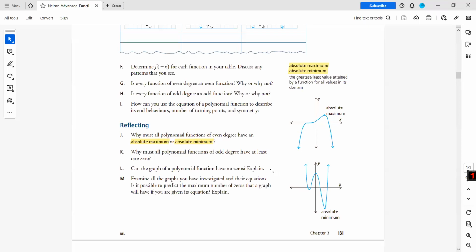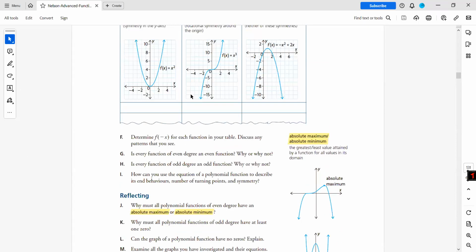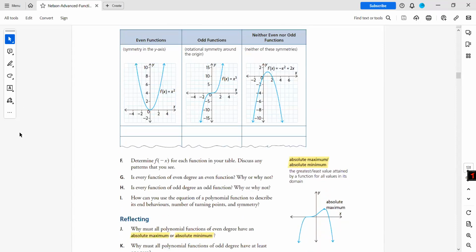Can the graph of a polynomial function have no zeros? Absolutely, yes, because only an even degree function may not have zeros, since an even degree polynomial function reaches its maximum or minimum value at some point. And this minimum or maximum point could be simply located above the x-axis or below it, so the graph never crosses it.